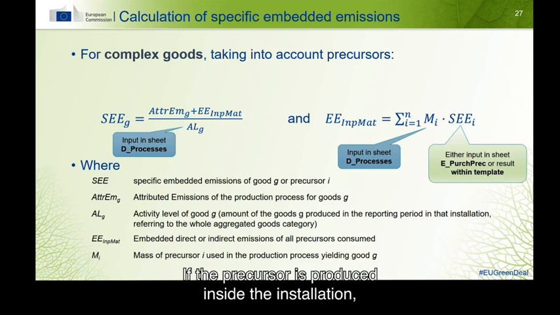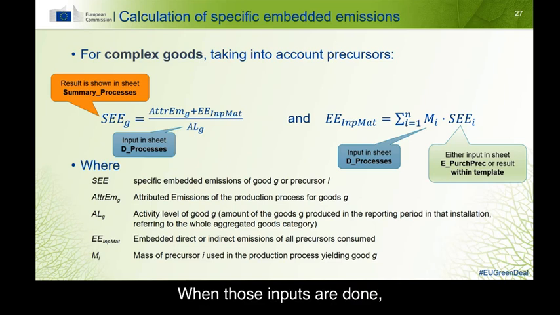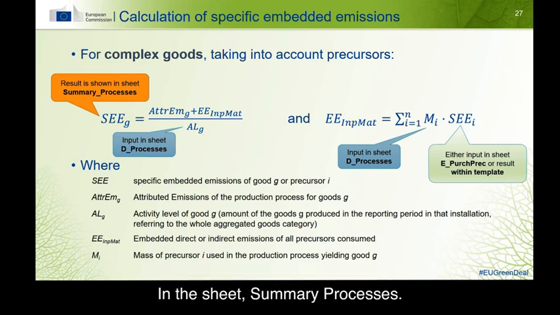If the precursor is produced inside the installation, the template automatically uses the data defined in the production process of the precursor. When those inputs are done, the template displays the final SEE result of the complex good in the sheet summary processes.